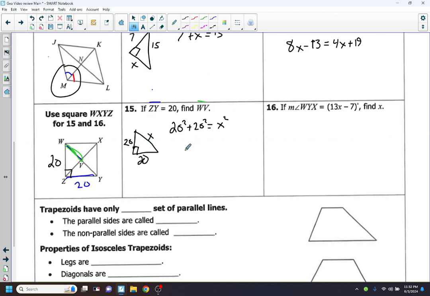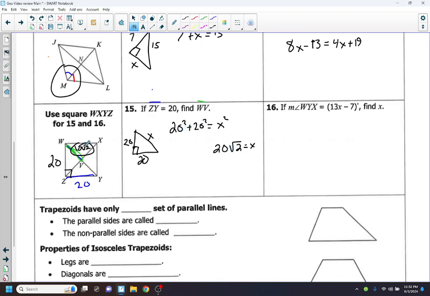If you want, you could actually cheat a little bit. This is a 45, 45, 90 triangle. I know it's going to be 20 root 2 equals x. And then divided by 2, this would be 10 root 2. Okay? But if you type in 10 root 2, I think in the answer sheet, they probably write 10 root 2.